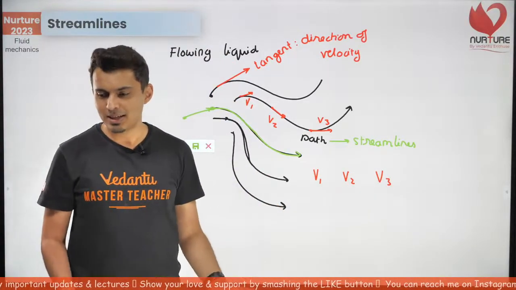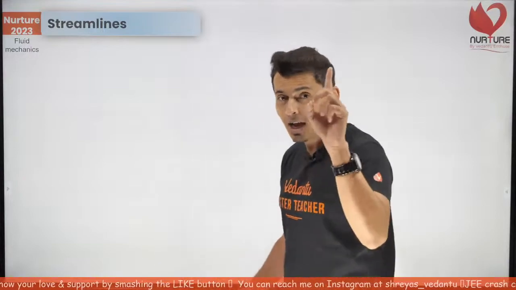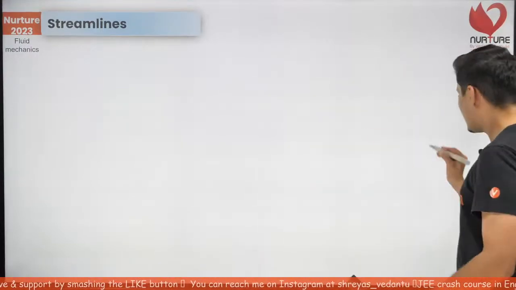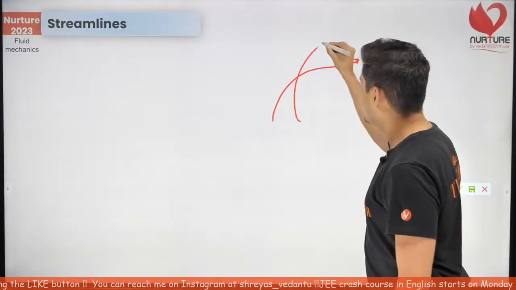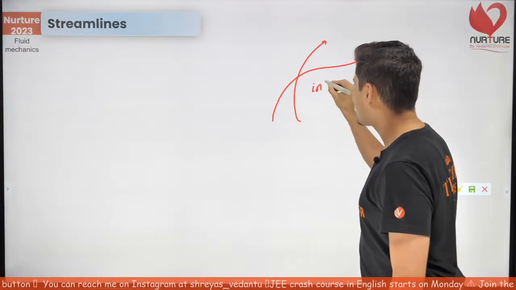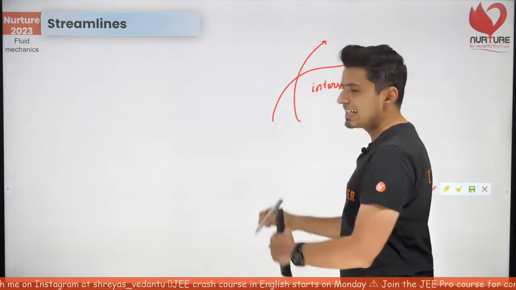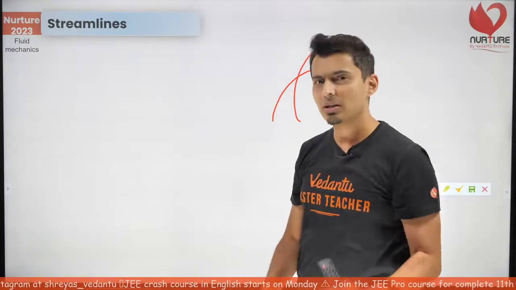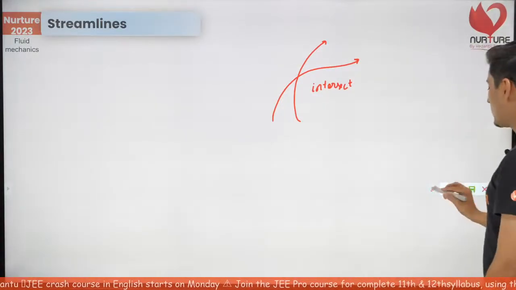Yep, not equal. Wow, you guys are smart. Now I'll explain why they are not equal, but before that, I have another question for you. Is it possible that there is one streamline here and another streamline here and they intersect each other? Is it possible or not possible?